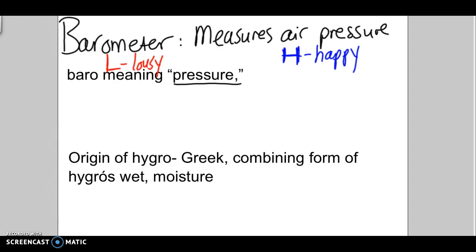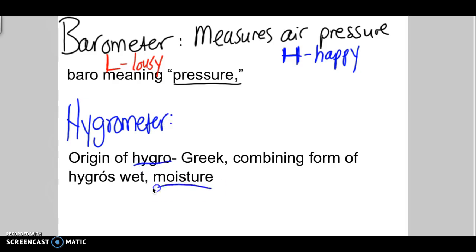My last instrument, I do not have one, although there is one measuring this outside because it shows up on our small little weather clock that we have. And it is a hygrometer. A hygrometer, hygro means moisture.